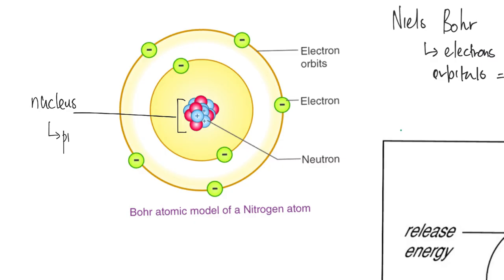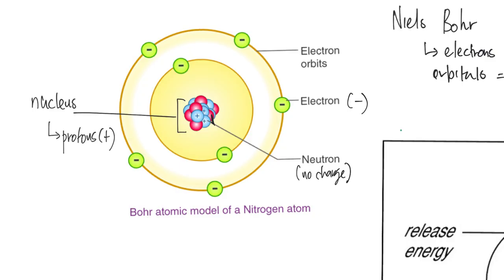I've got protons, which have a positive charge, and we can see them, they are in blue. The other thing we have is neutrons, and you can just fix your diagram here. Neutrons are these little red ones, and they have no charge. And then we have the electron, which has a negative charge.